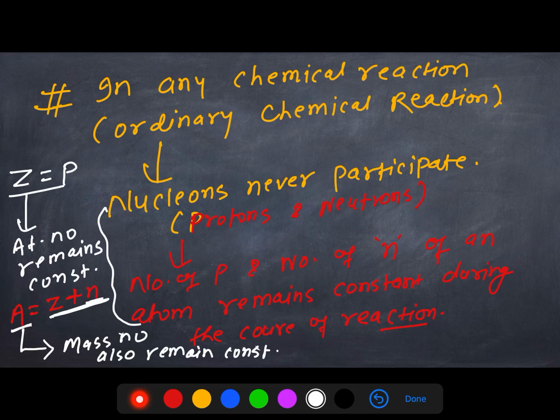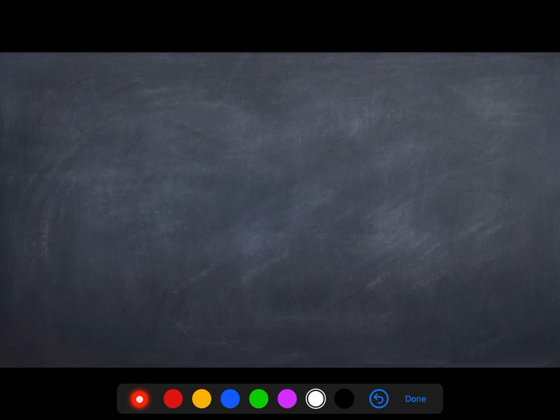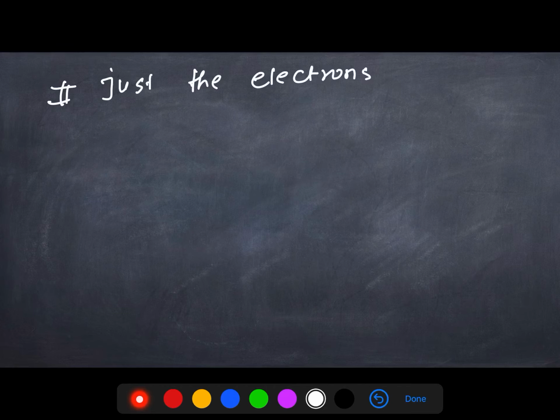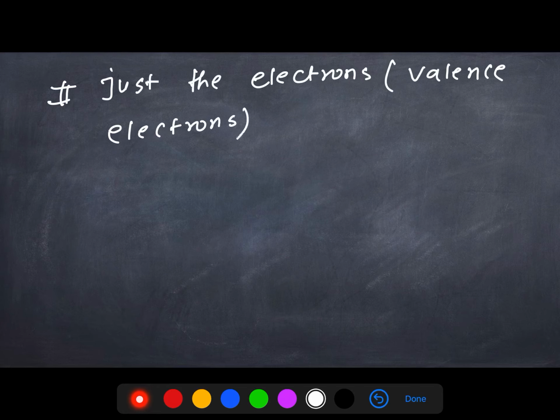Now the question is, then what participates? If the protons and neutrons are not participating in the chemical reaction, then which particle is participating, who is driving the chemical reaction? So remember this: just the electrons, and that too the valence electrons. What are the valence electrons? We'll learn in the next video lecture.